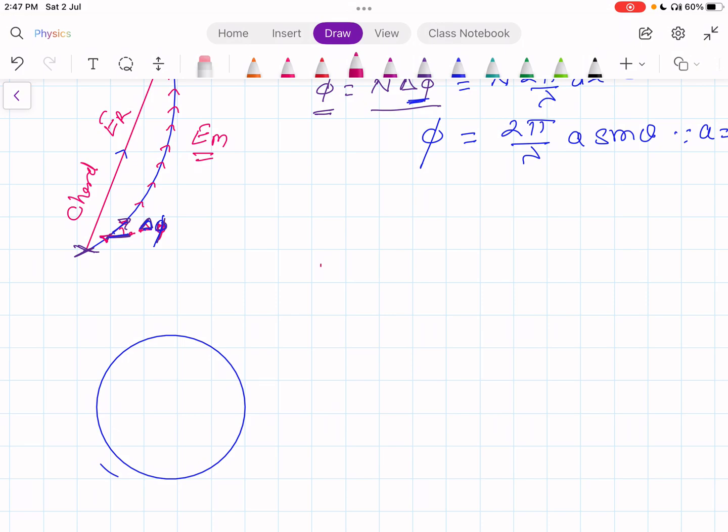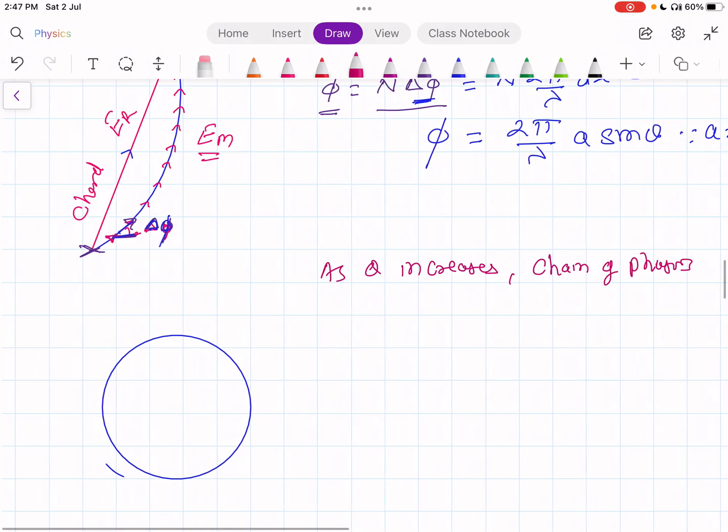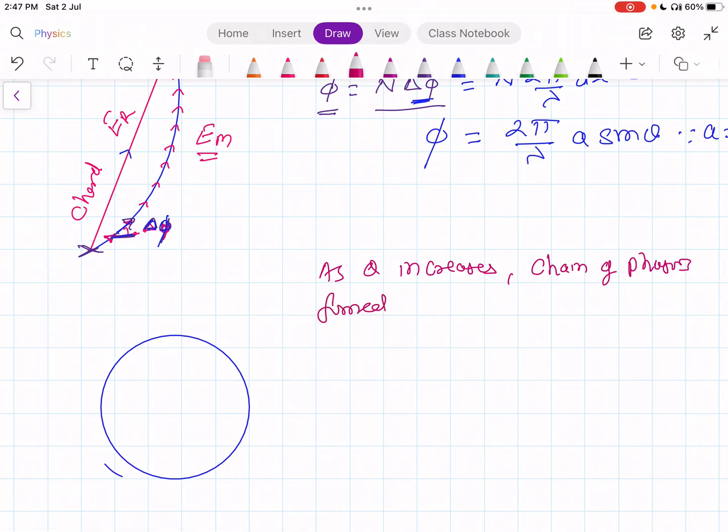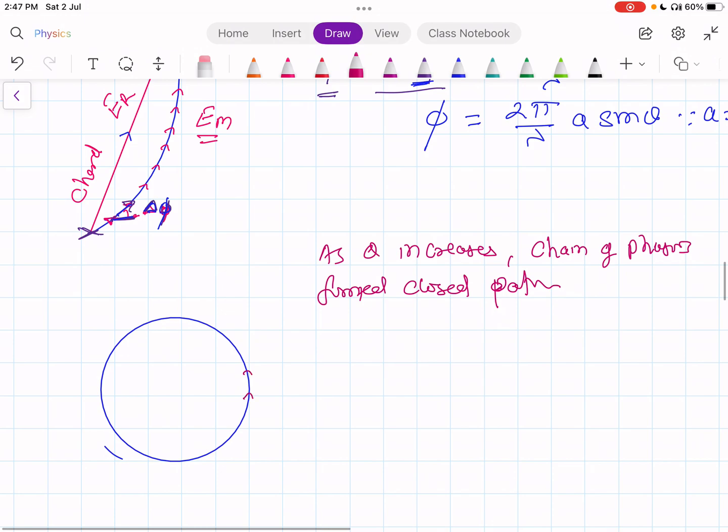So as theta increases, this chain of phasors forms a closed path. That is, all these phasors are lying on the circumference of this circle. So they will form a closed path.